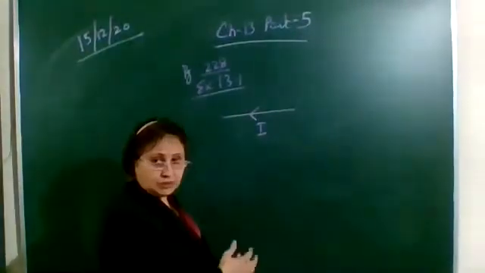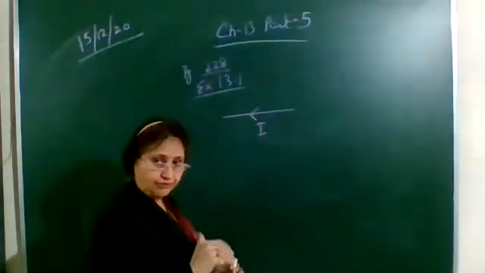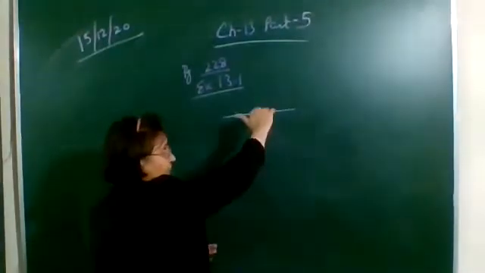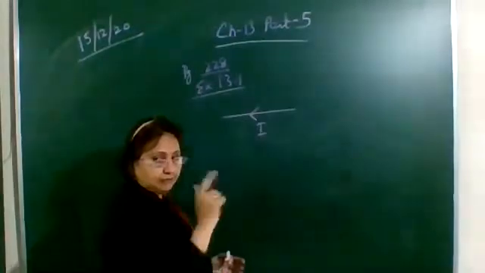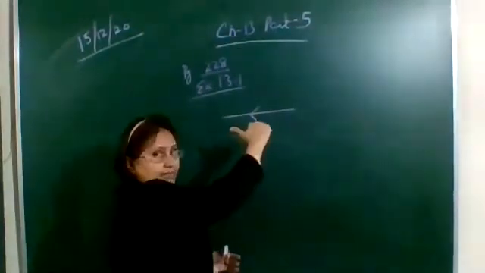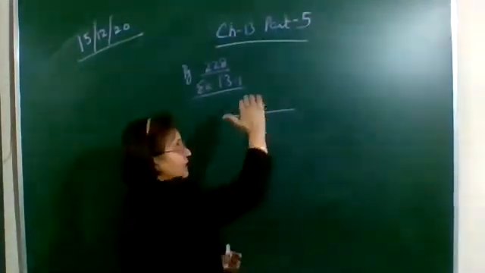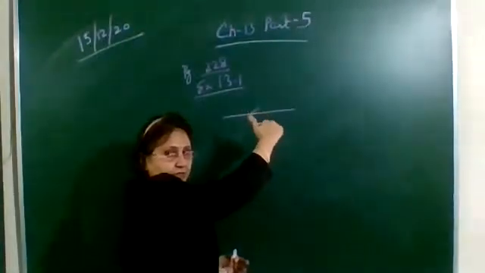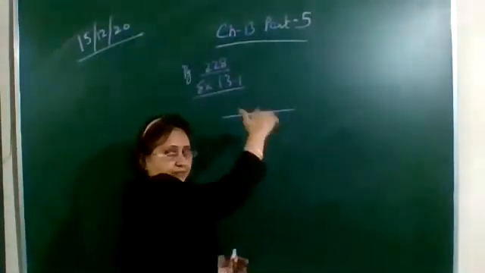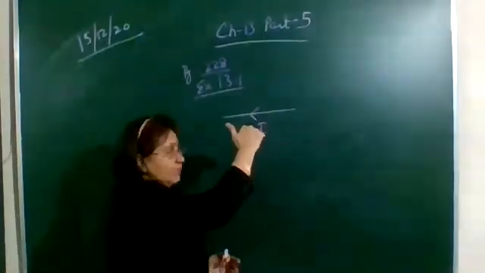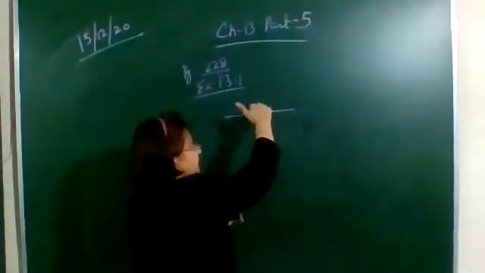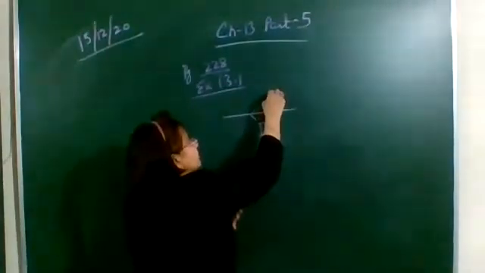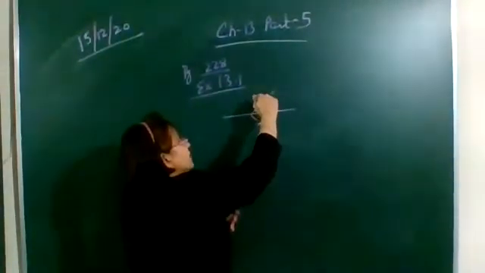Using the right hand thumb rule, first we will draw the magnetic field lines. This is the direction of the current. The thumb of the right hand points along the direction of the current, and the tips of the curled fingers give the magnetic field lines around it. These will be concentric circles, but we will draw only one circle.